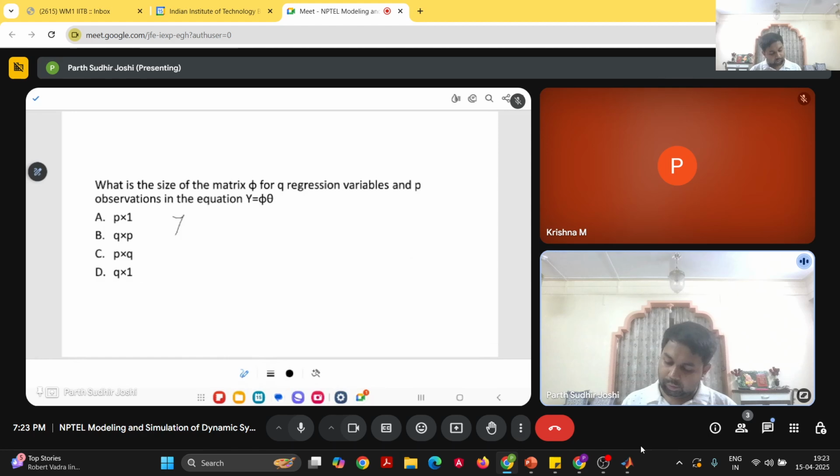We start with the first observation, y1, which is phi11 theta 1 plus phi12 theta 2 and so on, and since we have q regression variables, we continue up to the last one.